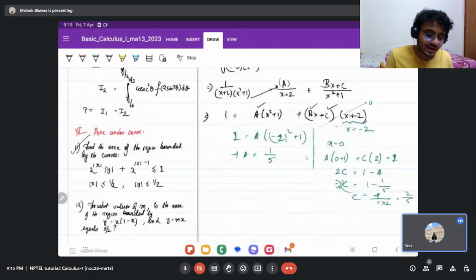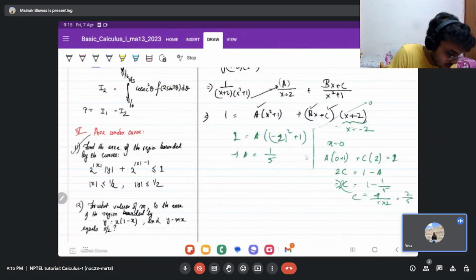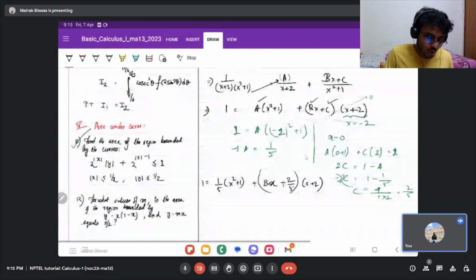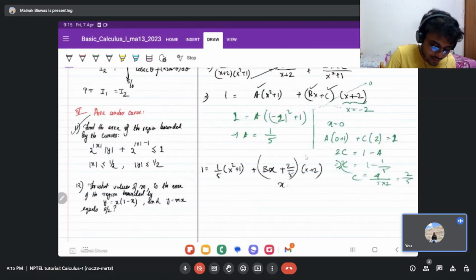And how do you get the value of b? You need to put in another value. So our current equation turns out to be 1 is equal to 1 over 5 (x squared plus 1) plus (bx plus 2 by 5)(x plus 2), where b is a value you do not know. So what you can do is take an easy value, for example, x is equal to minus 1. This will become 1, so it's easy to calculate.